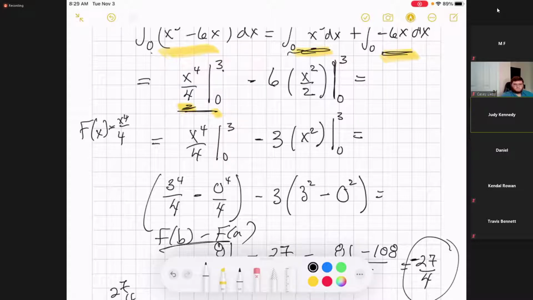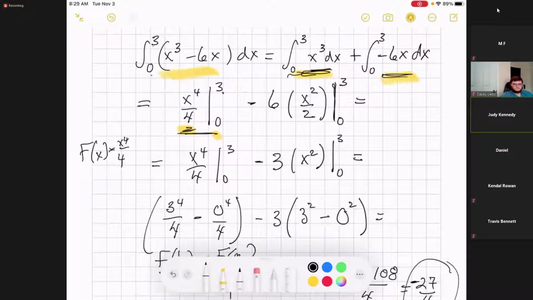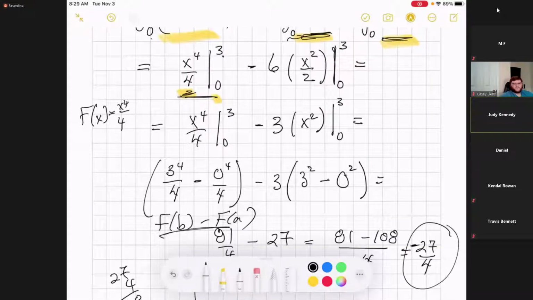And when I do this vertical bar with the 3 at the top and 0 at the bottom, what I'm really thinking of is F of b minus F of a. b is 3, a is 0. Does that clear it up? Very much. Thank you. You're welcome.